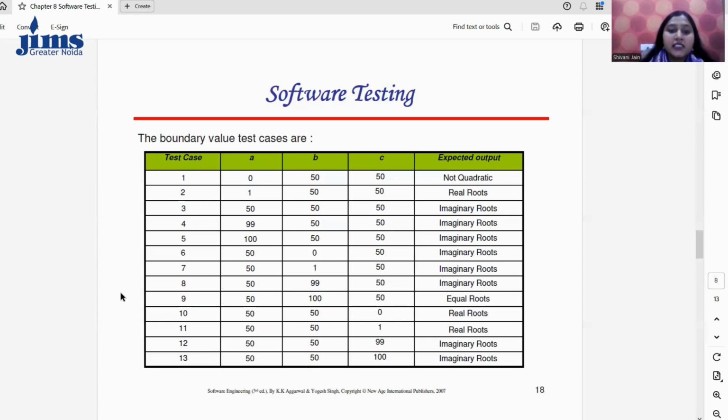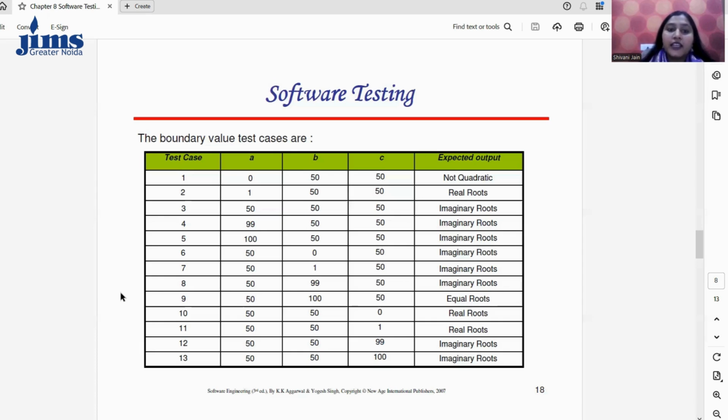Then from 6 to 9 we test the boundary values of b, and keep the values of a and c nominal. Likewise, from 10 to 13 we are testing the boundary values of c, keeping the values of a and b nominal.